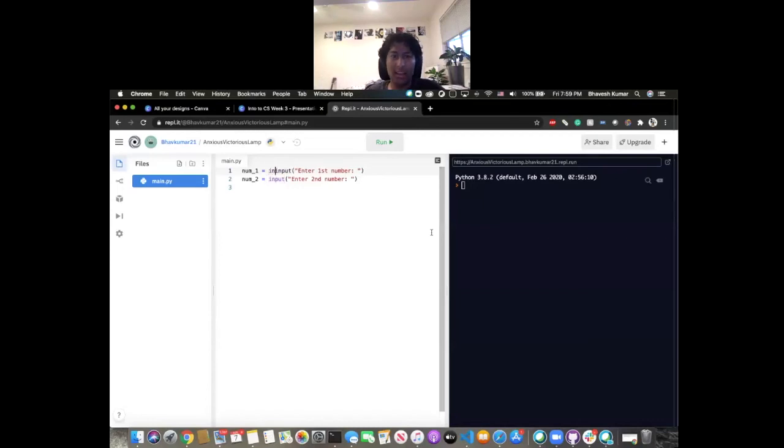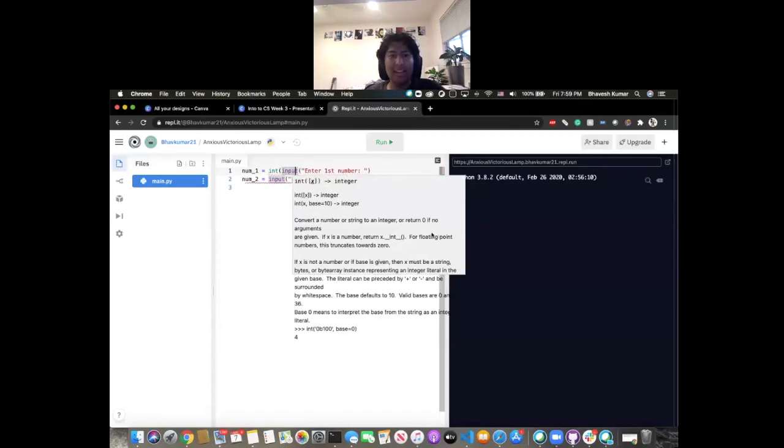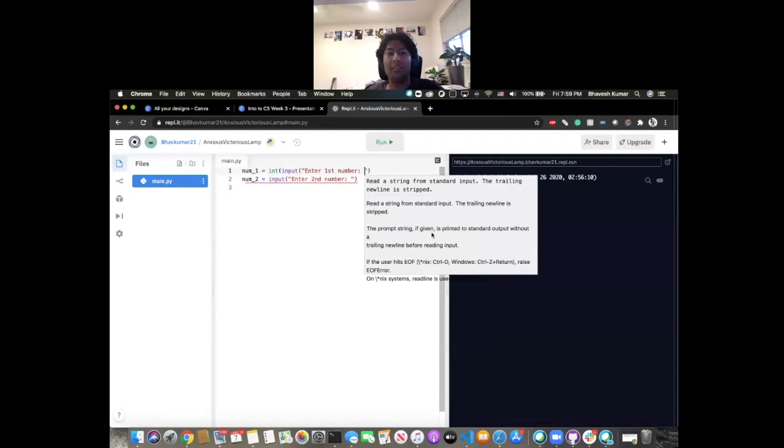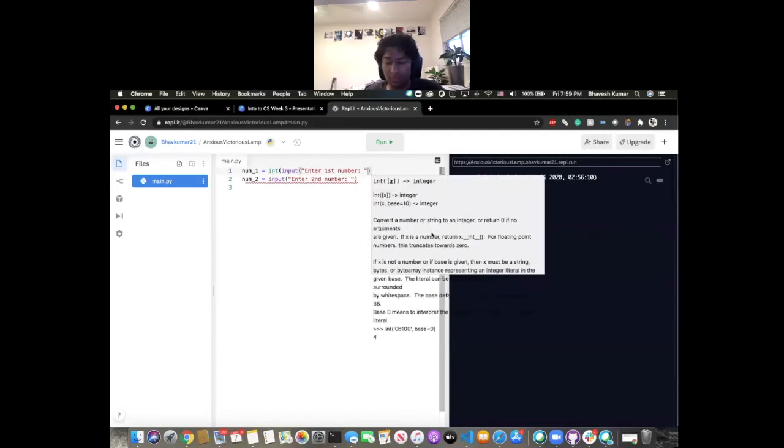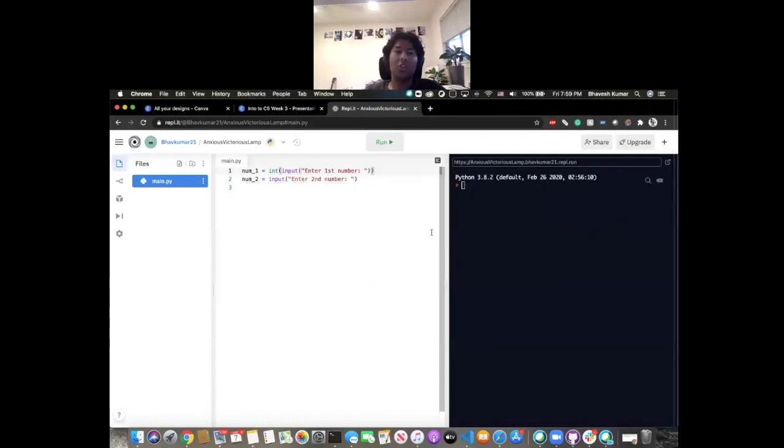So I would write int, and inside parentheses, I would write the value that we get from this input. So both do the same thing, but in this format, we're actually reducing 2 extra lines of code by putting them all into one jumbled mess.